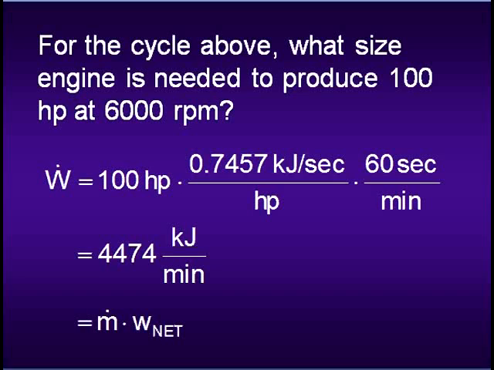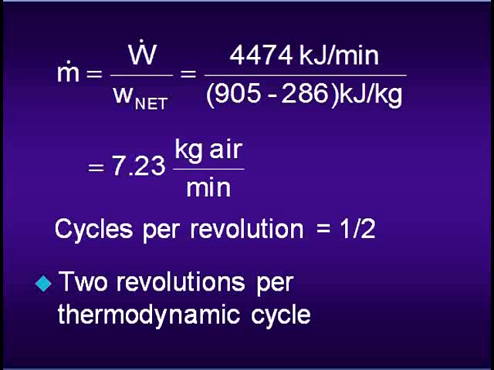A whole bunch of steady state, unsteady state processes happening over and over again as the piston goes up and down. We'll treat that as the amount of air that we have to add times the work per mass. So the mass that we need to process is the work per time divided by the work per cycle, or per kilogram that goes through.